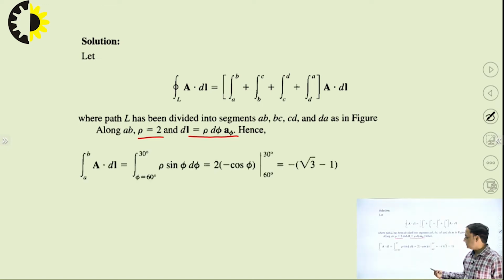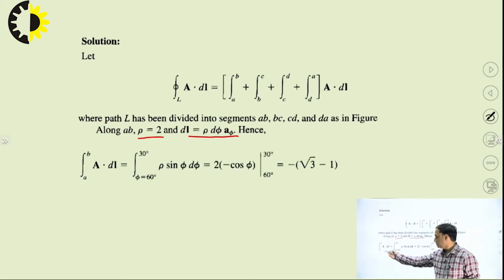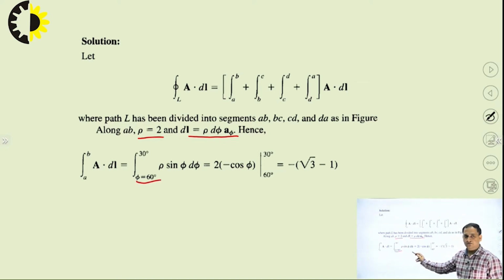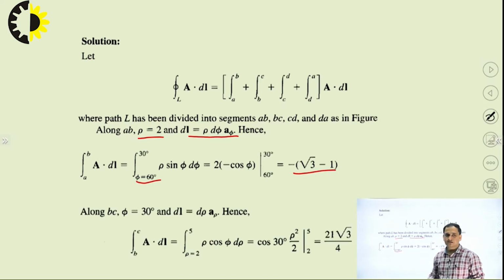So simply you have to take care of A · dl from A to B. Phi goes from 60 degrees to 30 degrees, ρ sin φ dφ, because we have taken the value of A · dl. When you solve, you will get the expression minus (√3 − 1). So this is very important. If you understood this A to B, then the rest are easy.